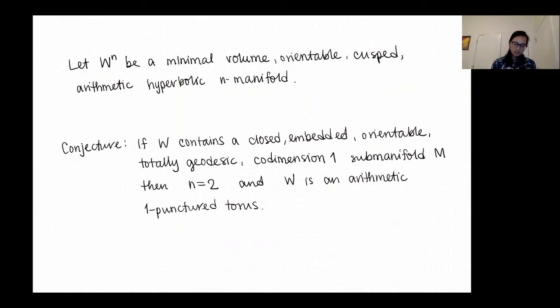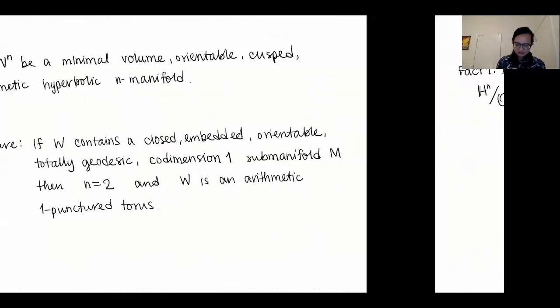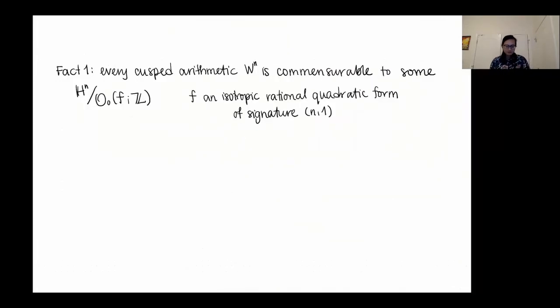And here is the conjecture. If W contains a closed embedded orientable totally geodesic codimension 1 submanifold, then it must be that the dimension was 2, and W was in fact an arithmetic once punctured torus. Okay, so let's talk about some facts.